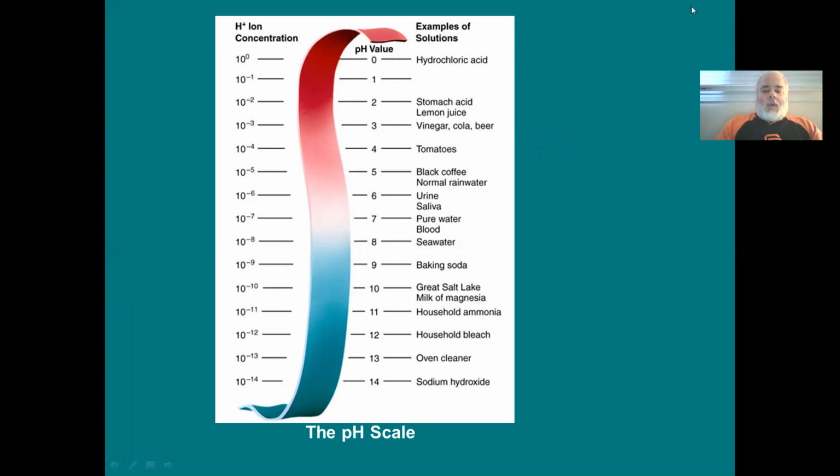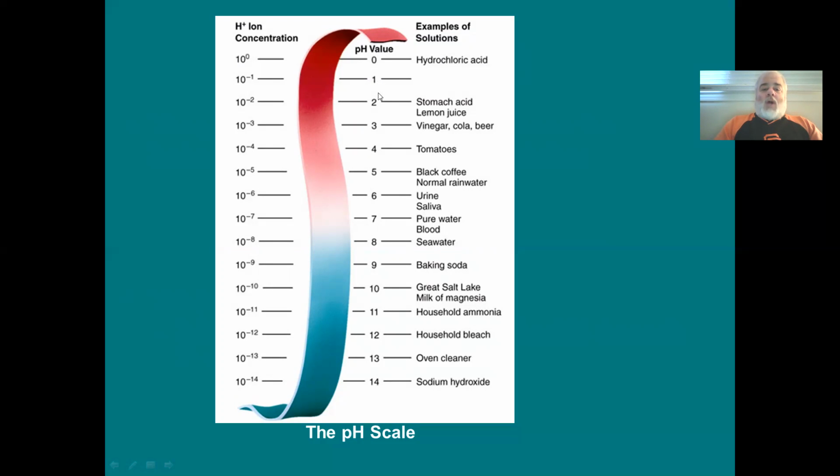Anyway, you might not be seeing what I'm trying to move around, but you can see the pH down the middle. pH 0 is pure hydrochloric acid, absolutely concentrated, saturated hydrochloric acid solution is pH 0, or 10 to the 0 power. And if you've never heard this before, any number to the 0 power equals 1. So 10 to the 0 power is 1, or 1 pure solution of the most concentrated hydrogen ions that's possible.